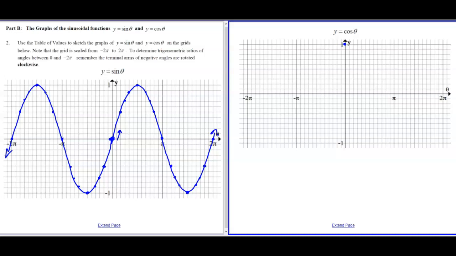If you look at your table of values, when theta is 0, cosine is 1. Okay? And then basically that's the height of the mountain. So where it starts the valley is at pi over 2.